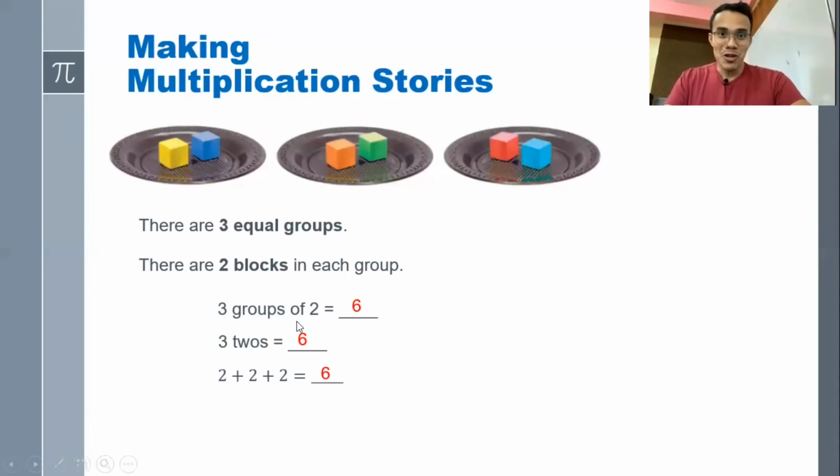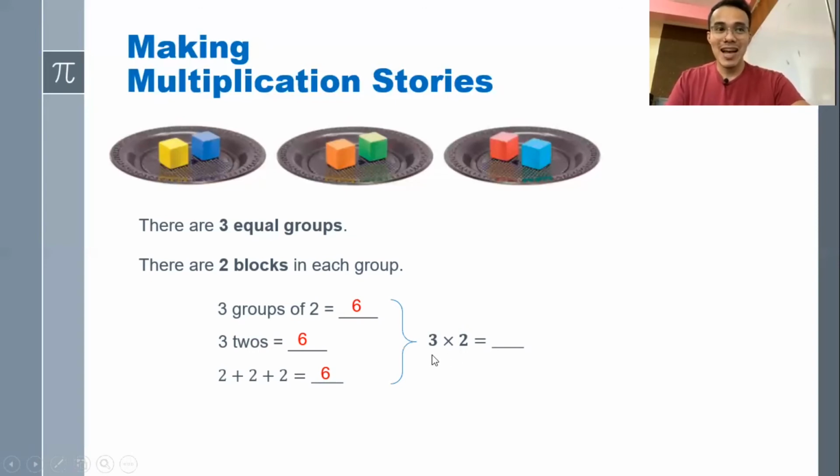Grade 2, do you know that these sentences can be written in just one sentence? Teacher, how are you going to do that? We are going to use the concept of multiplication. 3 groups of 2, 3 twos, 2 plus 2 plus 2 can be written as 3 times 2.